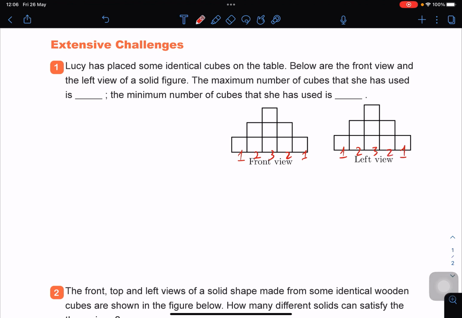So it means that, well, these are the front and the left views. But then we don't have the top view to project these front and left views on.